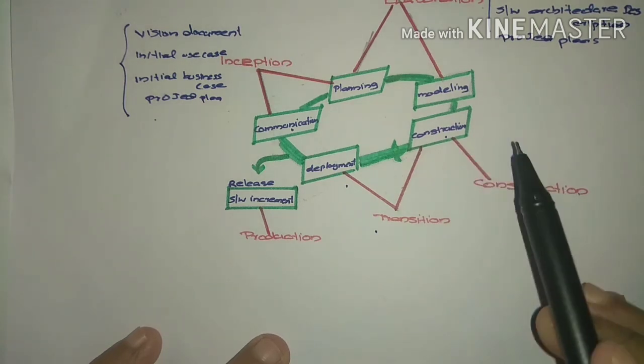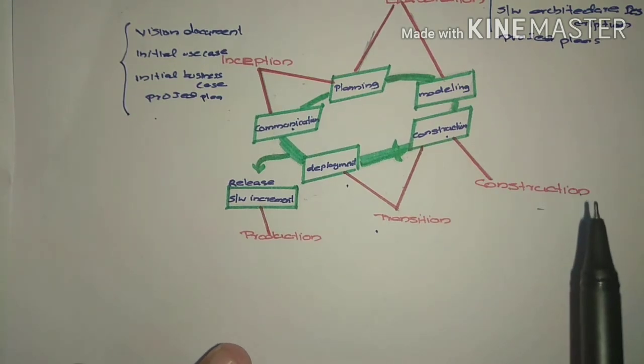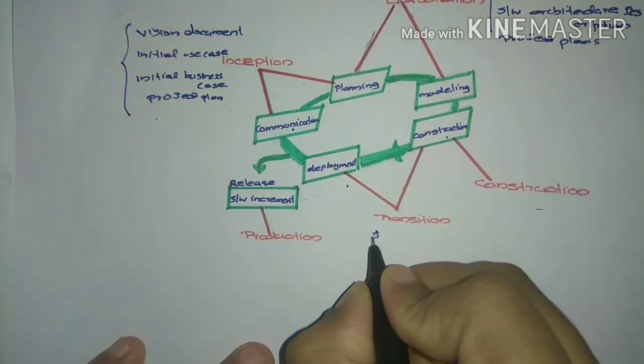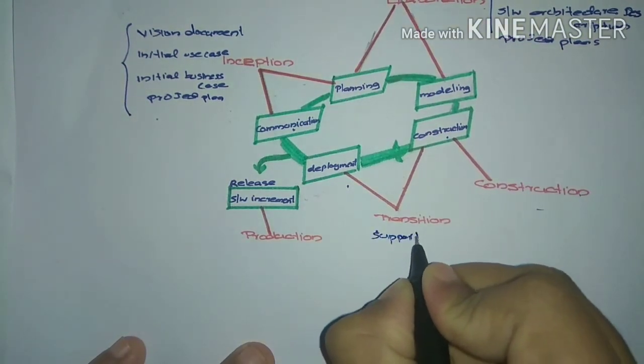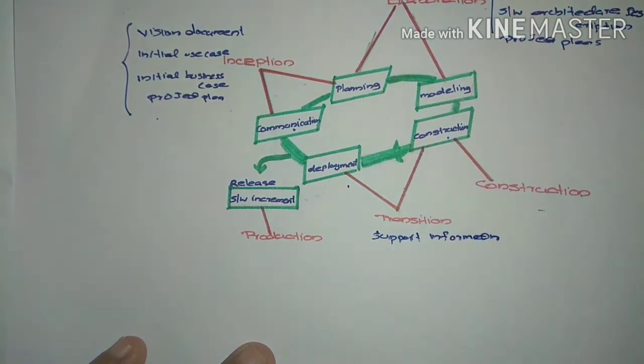The user feedback reports both defect and necessary changes. In addition, the software team creates the necessary support information, that is required for the software release. At the conclusion of the transition phase, the software increment becomes a usable software release.